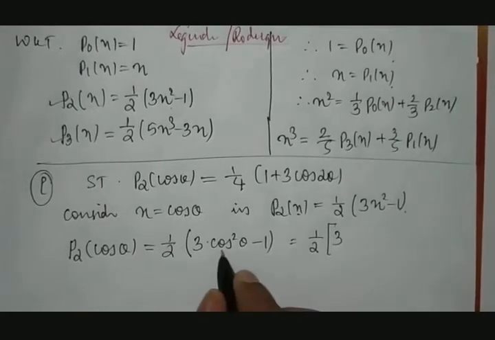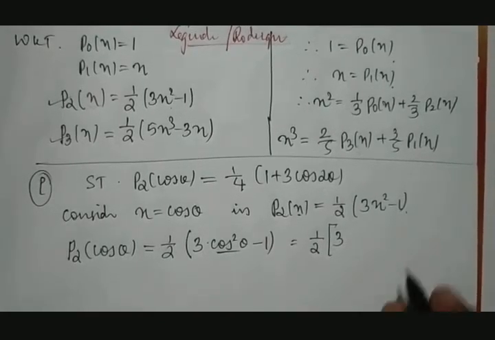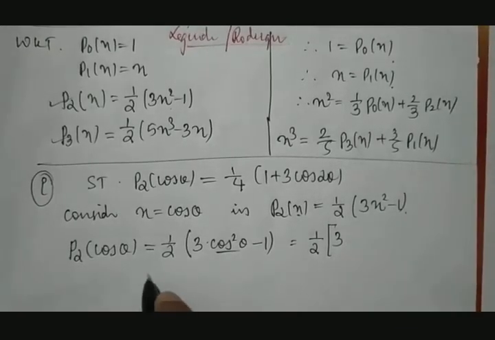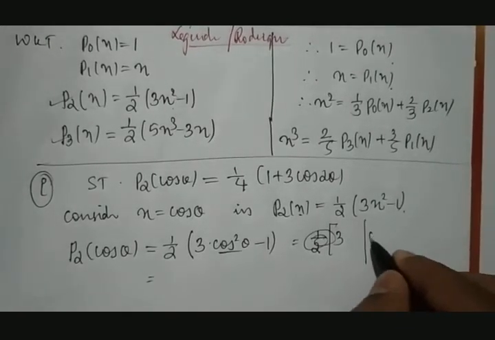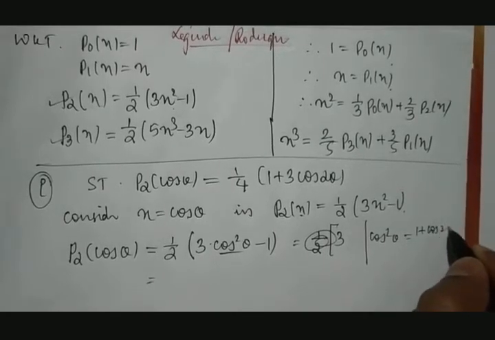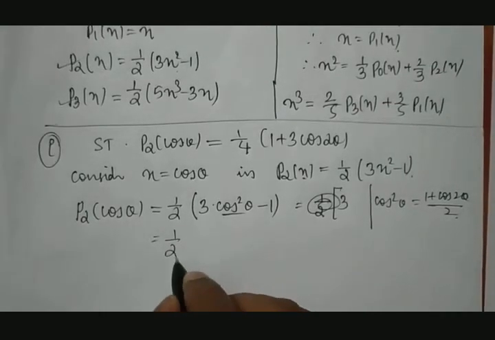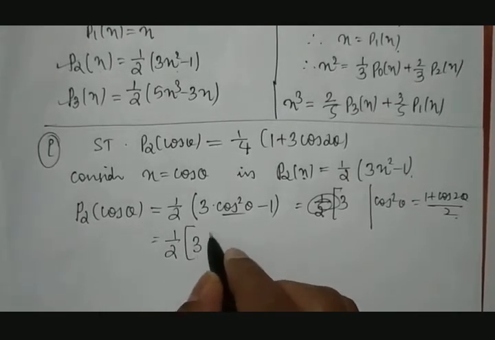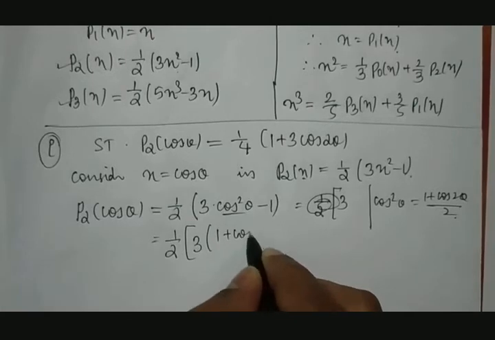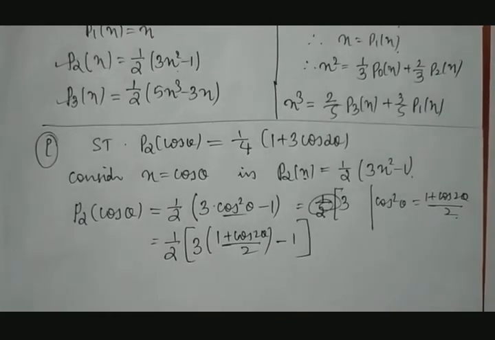How do you write cos squared? We know that cos squared theta is nothing but 1 plus cos 2 theta divided by 2. Therefore, 1 by 2 into 3 times 1 plus cos 2 theta divided by 2, minus 1.